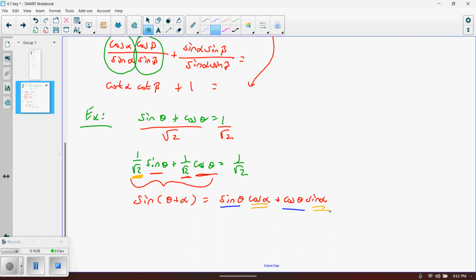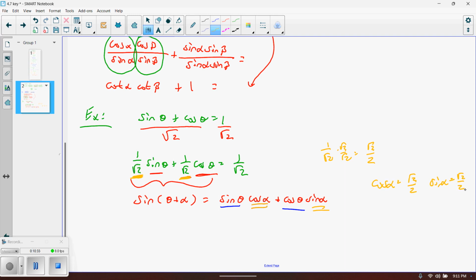And sine of alpha has to be this 1 over the square root of 2. Well, if you rationalize 1 over the square root of 2, that's root 2 over 2. And we should recognize that. We're going to need that. So from that, cosine of alpha has to equal root 2 over 2, and sine of alpha has to equal root 2 over 2.